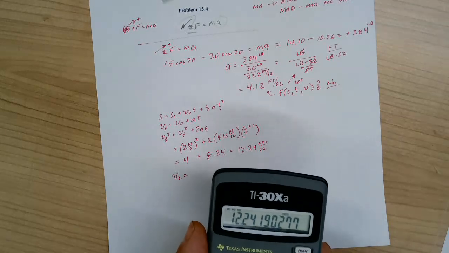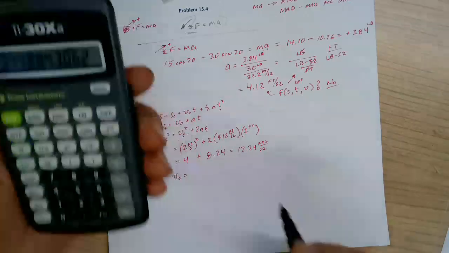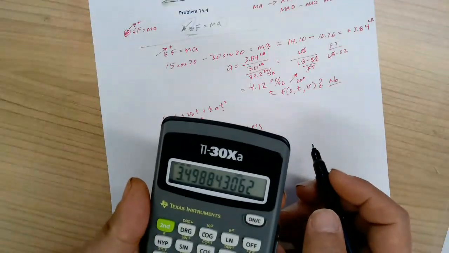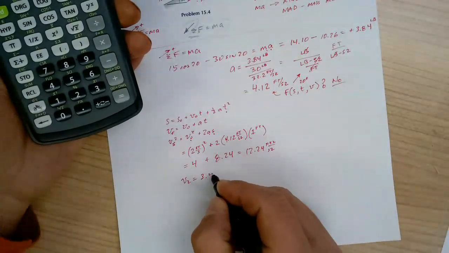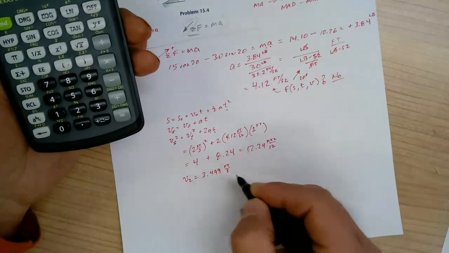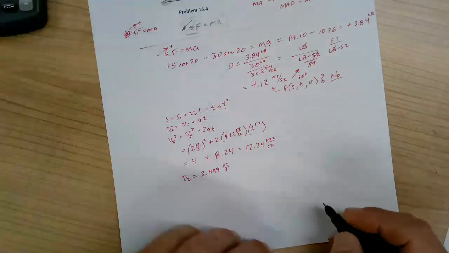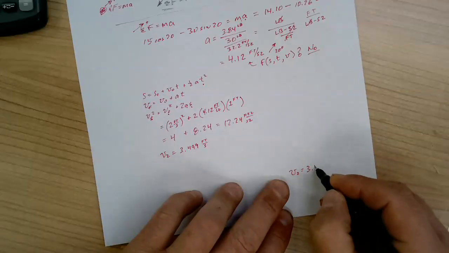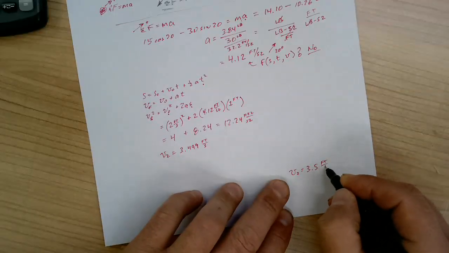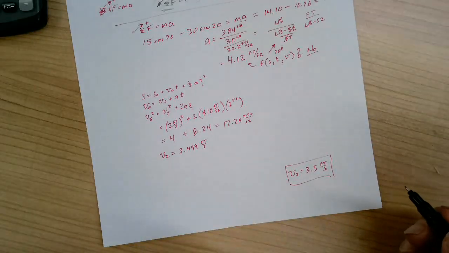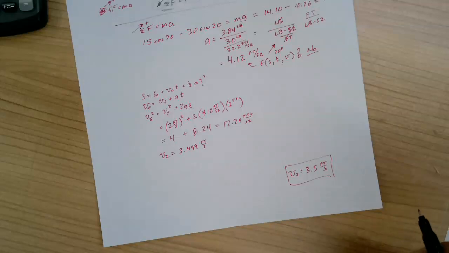I'll add 4, and I'll take the square root of it, and I get 3.499 feet per second once I took the square root. And so, right, v2 equals 3.5 feet per second. And that's the problem with F equals ma.